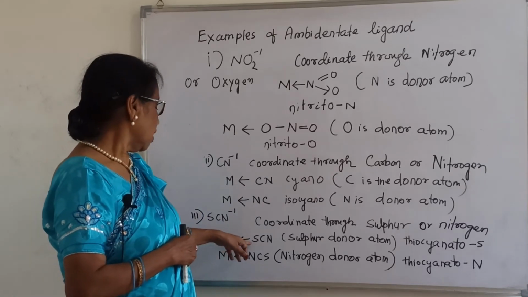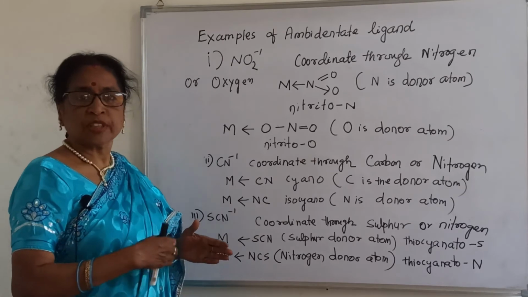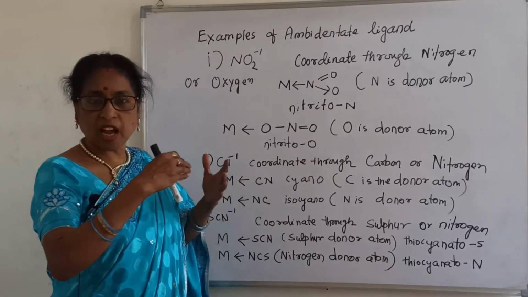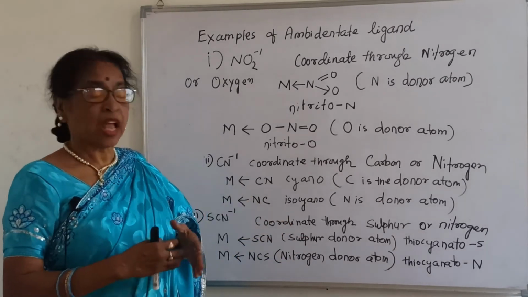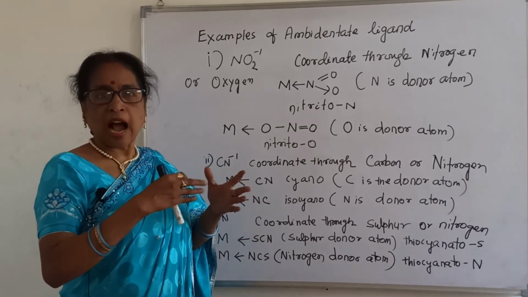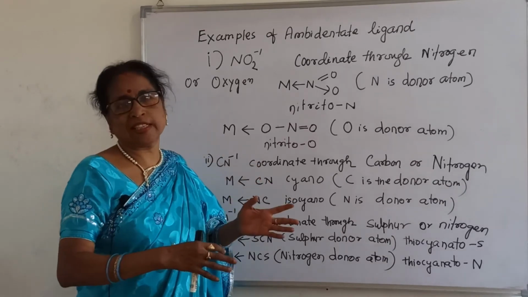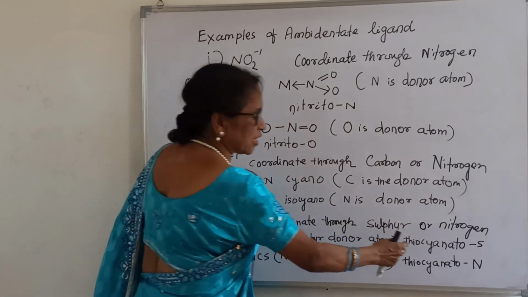If sulfur donates a pair of electrons to the central metal atom, sulfur is the donor atom. And what is the name? Thiocyanato. Remember, I will come to nomenclature later and all will be clear, but for now remember it like this: thiocyanato S. It is not 5, it is S.